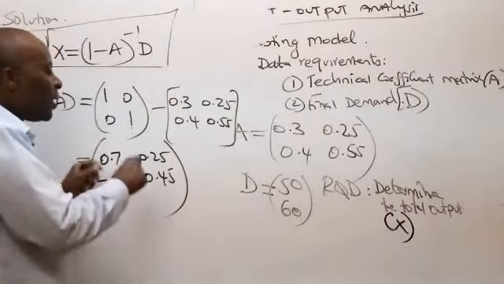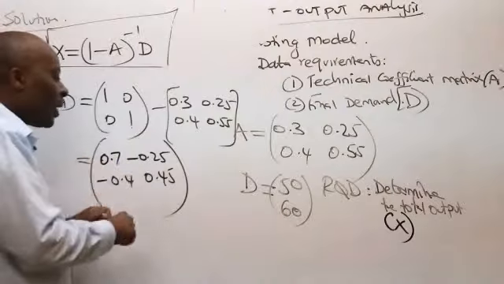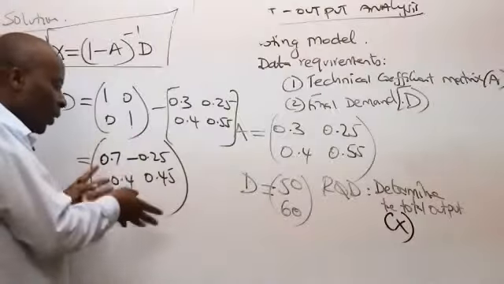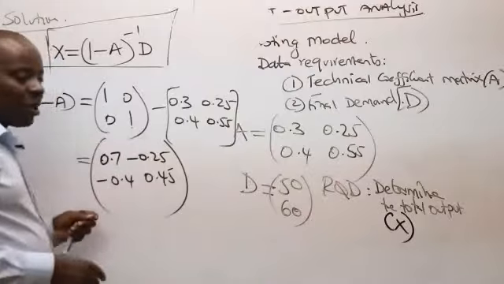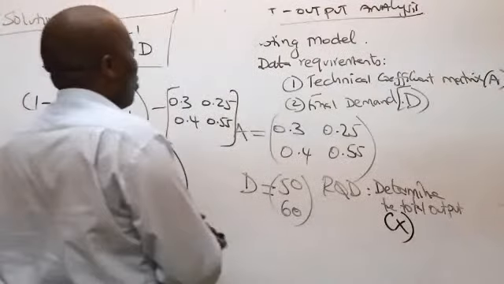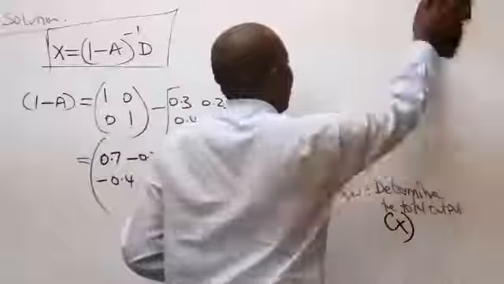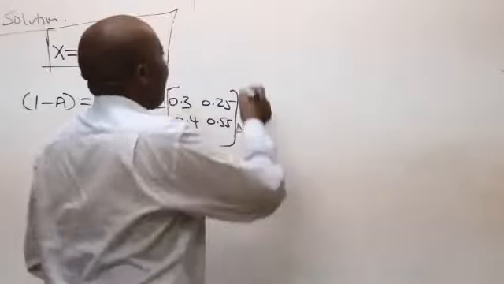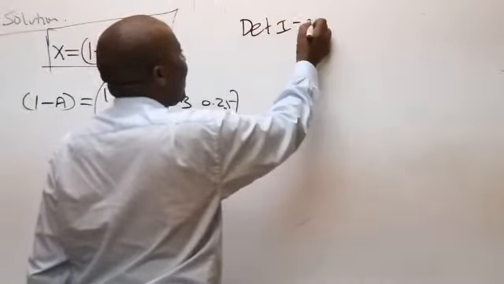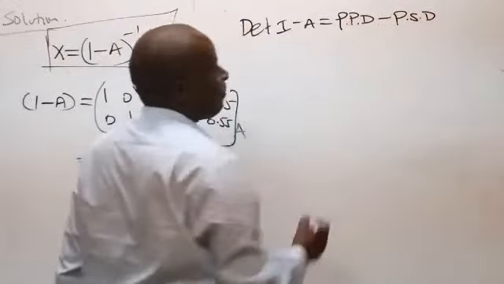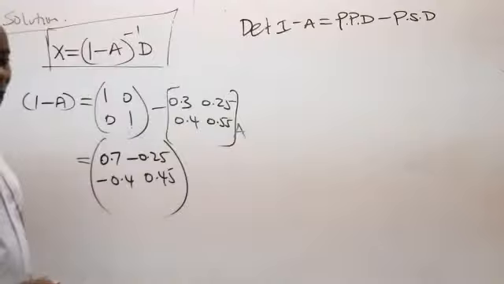So if that is the case, ladies and gentlemen, I would want you to do me a favor. In the inversion spirit, give me the determinant of I minus A. Please come here and give us the determinant of I minus A. Remember, it is PPD minus PSD, the product of the primary diagonal minus the product of the secondary diagonal.